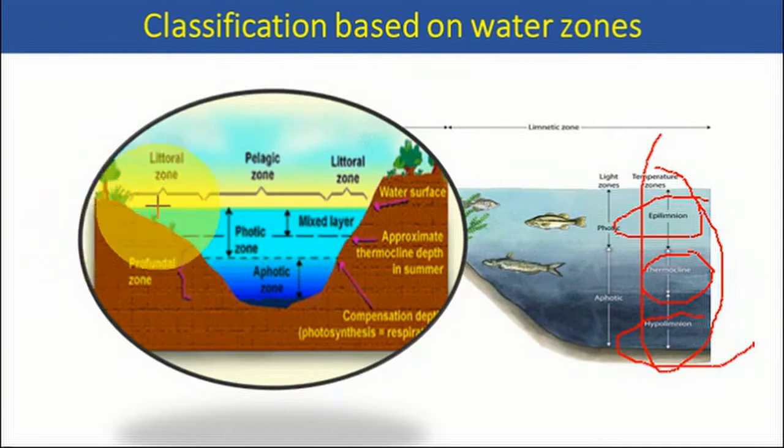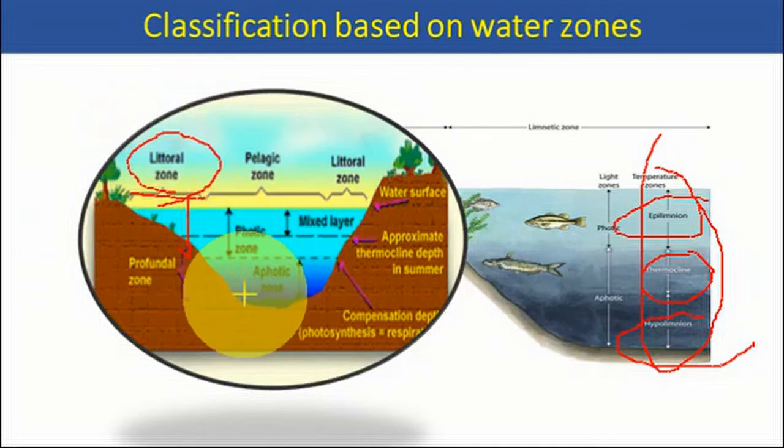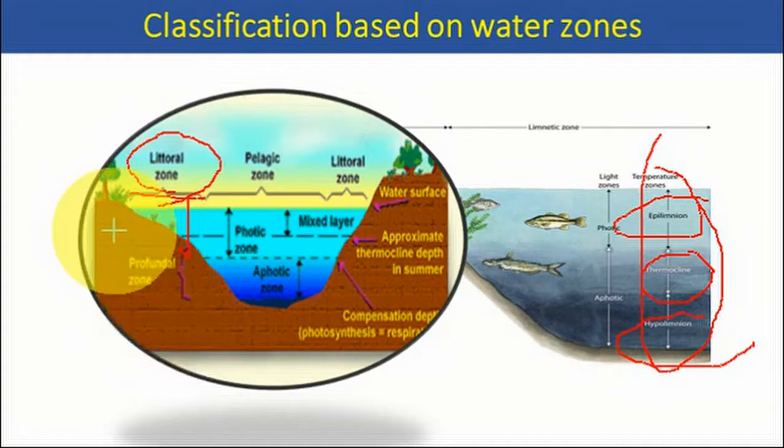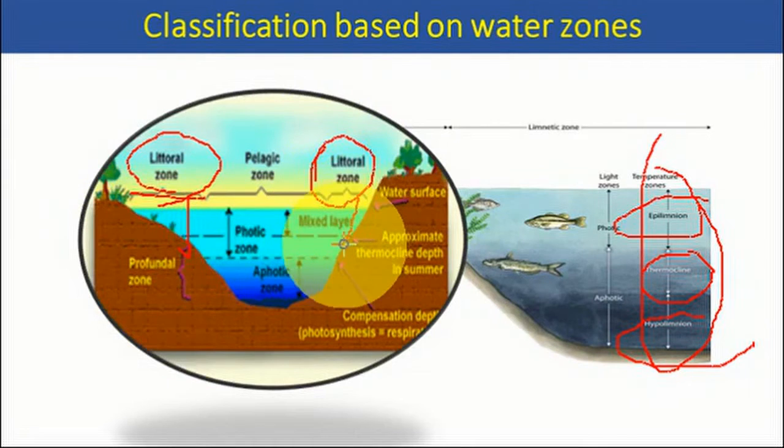First one is the littoral zone, based on the depth or distance of the water body from the shore area or from the bank. And then the littoral zone, the part where the maximum water body resides.